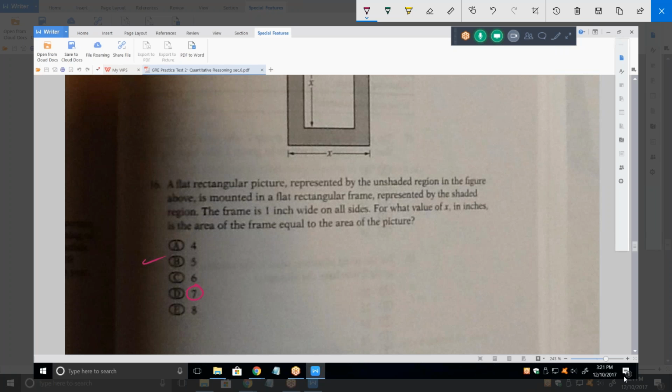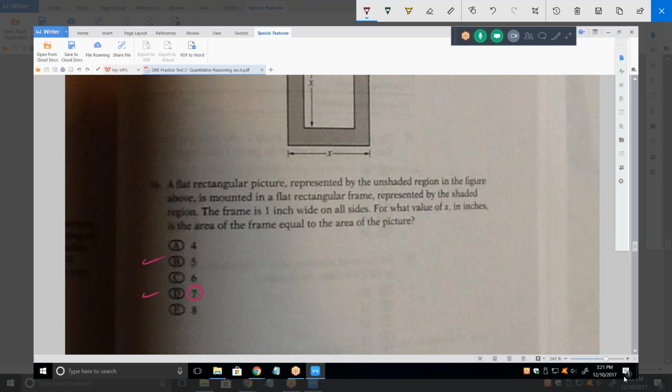And this will tell me whether it's either going to be right or it's going to tell me I got to go higher or lower. In other words, I'm done once I try D. With this technique, you'll never have to try more than 2 of the 5 answers, as long as it's a problem where you're going to be able to tell whether you need to go higher or lower.